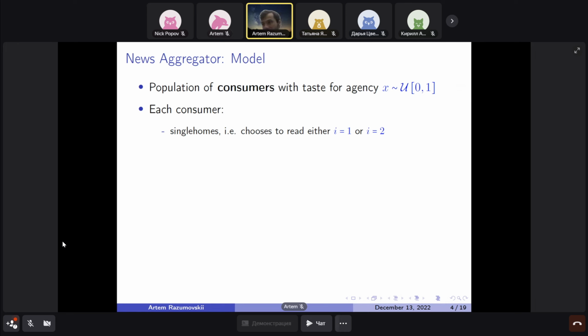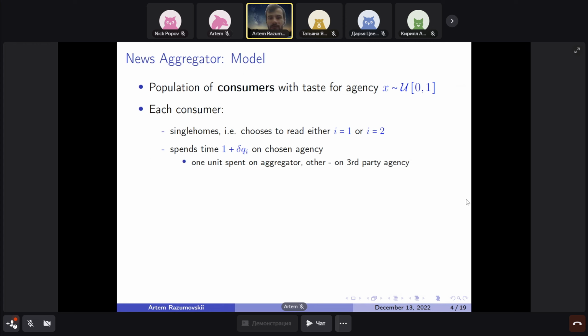They can be single-homers, which means they choose to read either Metro or Komsomolskaya Pravda, so no one is buying both, taking a Metro near the metro station and then buying Komsomolskaya Pravda at a kiosk, something like that.